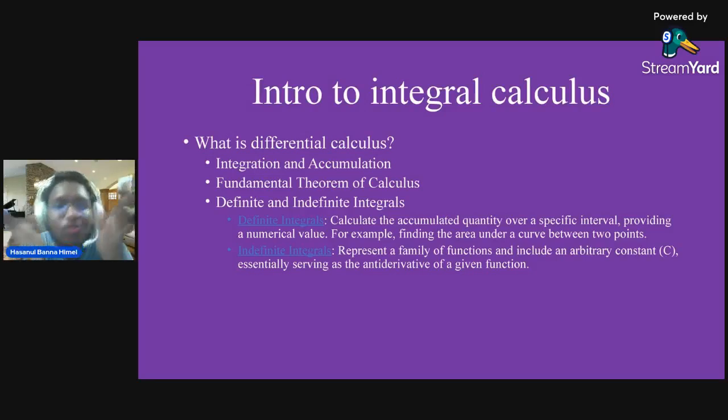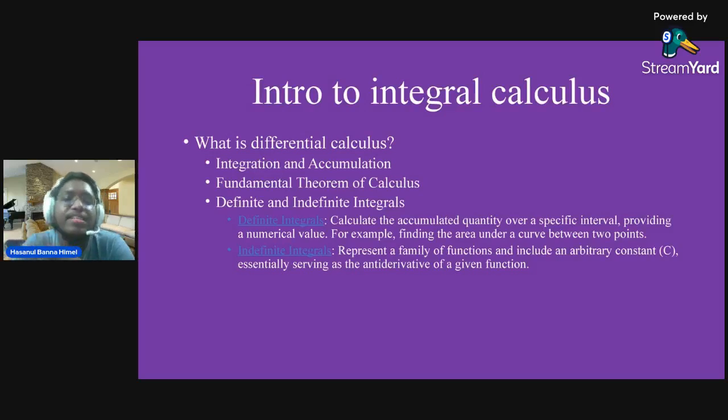So in definite integrals, we will be given some upper values and lower values. It will help us find the area under a curve between these two points. It will help us find values between the upper limit and lower limit. And what are indefinite integrals?